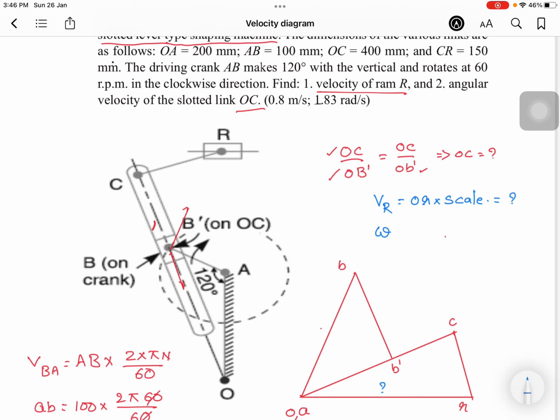The angular velocity of OC is equal to the velocity of C upon the link length of OC. Velocity of C is equal to the measured O to C distance multiplied with the scale, divided by the OC link length, which is given as 400 mm. From this you can get the angular velocity of OC in radian per second. This is the solution for the given problem.